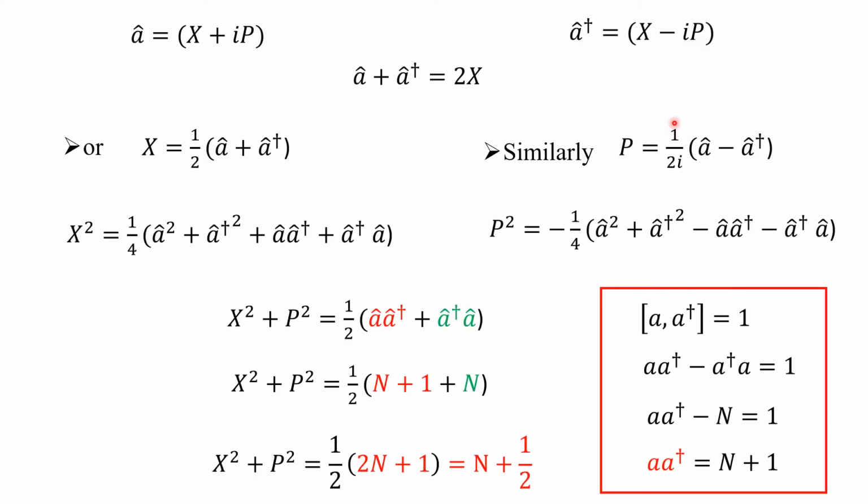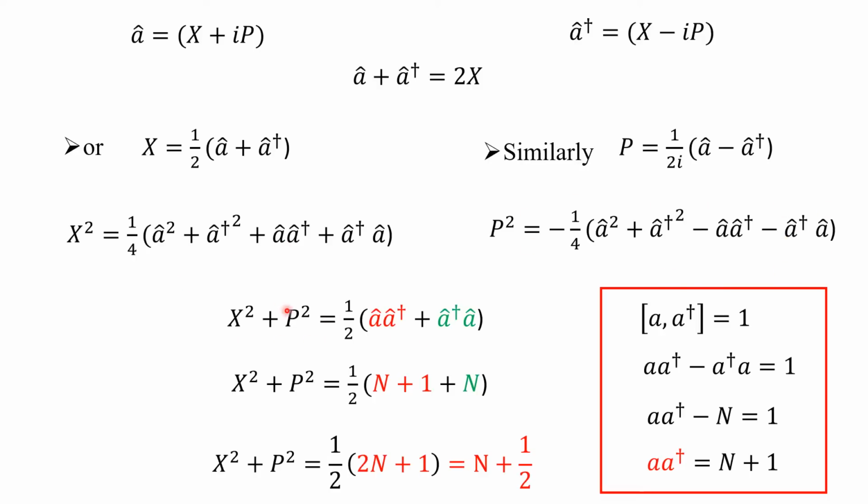This will become 1 over 2i whole squared. i squared is minus 1, so this will become minus 1 over 4 into A squared, that is the annihilation operator A squared, plus A dagger squared. Since A and A dagger will not commute, this will be equal to minus A A dagger minus A dagger A.